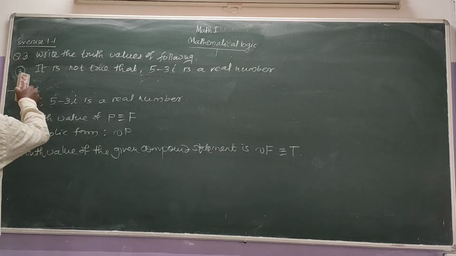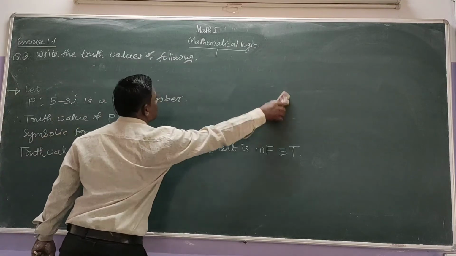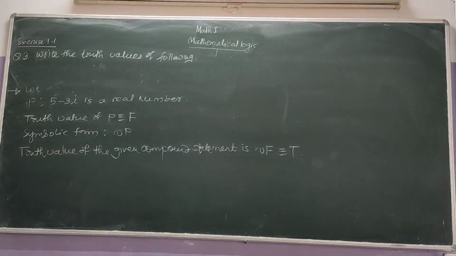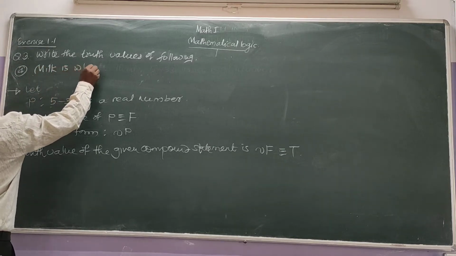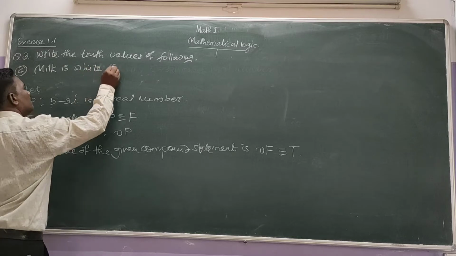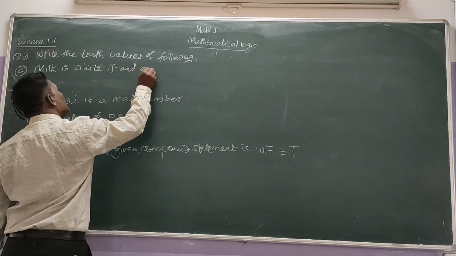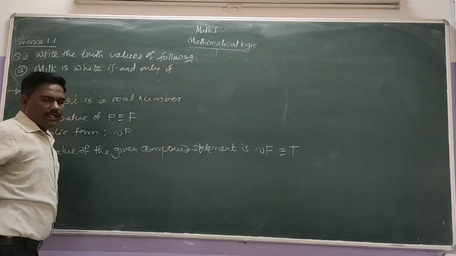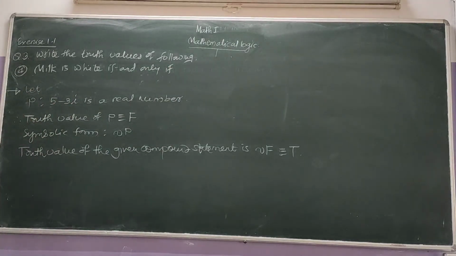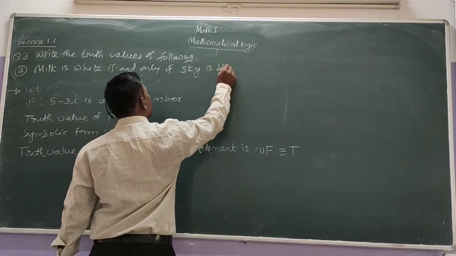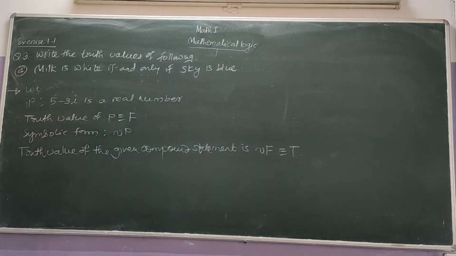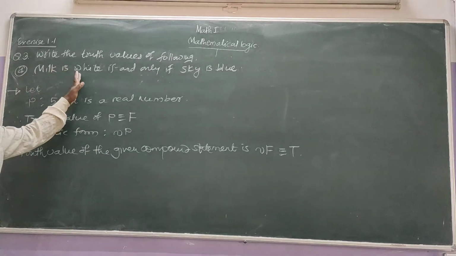Take one more example, that is example number 4. Milk is white if and only if sky is blue. This is the compound statement. Milk is white, that is the first simple statement.